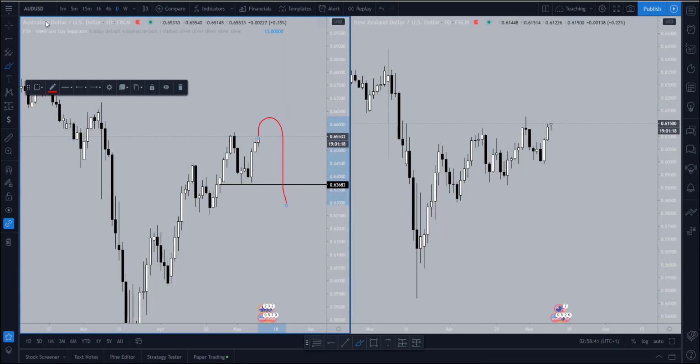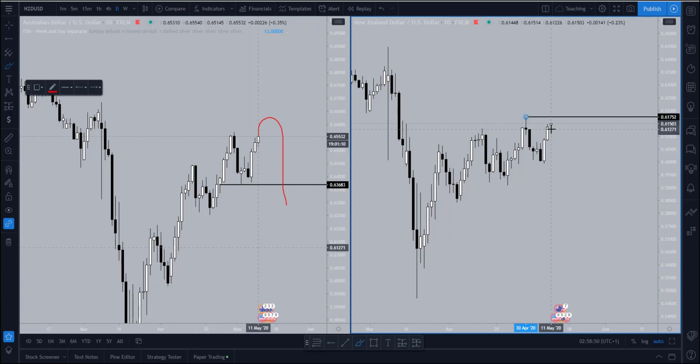So that's the Aussie dollar. On the New Zealand dollar, same scenario. I'm looking for a run up and then run down to these two lows here.